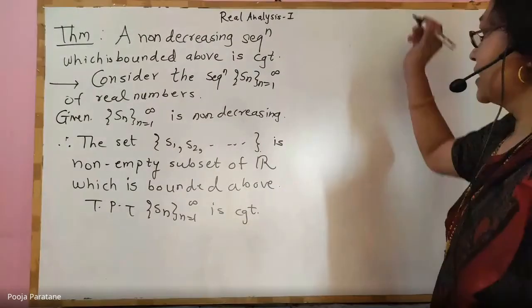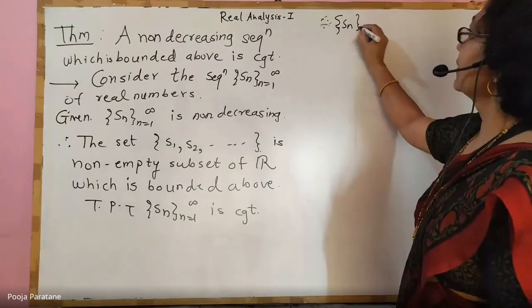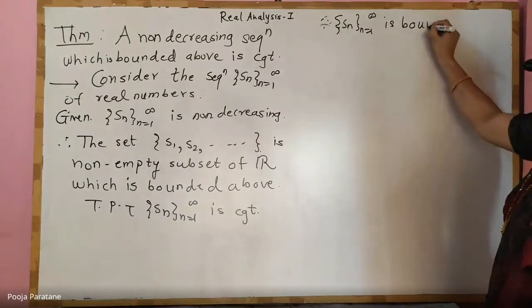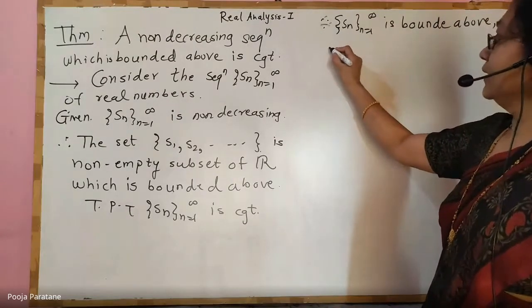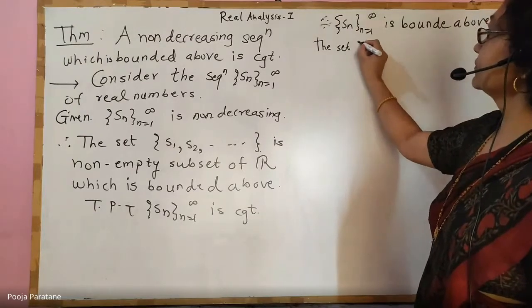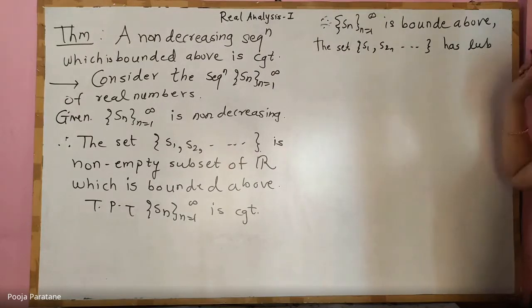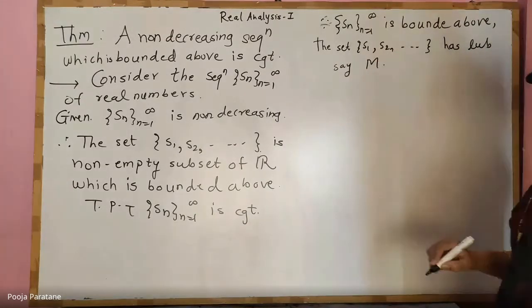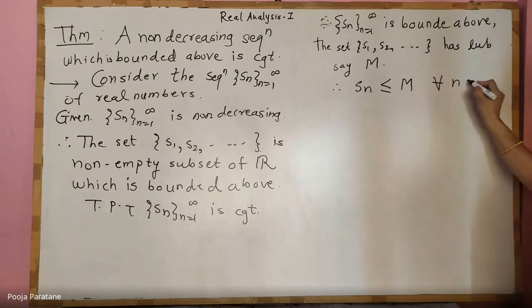So suppose it is M. Since the sequence is bounded above, this set has an LUB, least upper bound, say capital M. Therefore, Sn is less than or equal to this capital M for all n belonging to the natural numbers, as this set has this least upper bound.